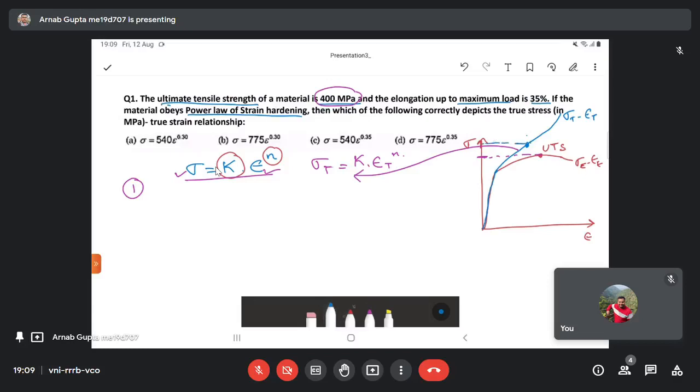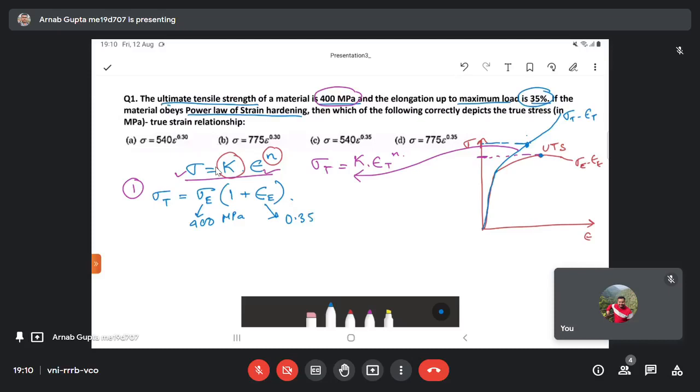For that, we will convert this engineering stress to true stress. The equivalent true stress has the following relationship: sigma t equals sigma e times 1 plus epsilon e, where epsilon e is the engineering strain. So this is 400 MPa at the maximum tensile strength point, and this is 0.35, from 35%.